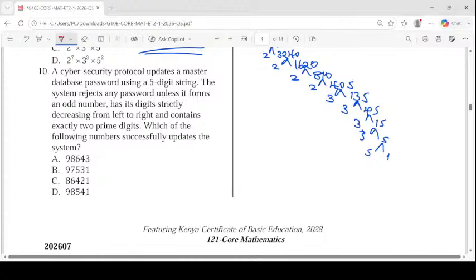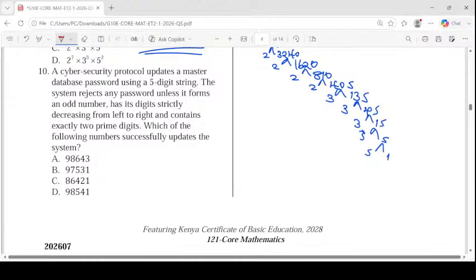The system rejects any password unless it forms an odd number and has its digits strictly decreasing from left to right and contains exactly 2 prime digits. Which of the following numbers successfully updates the system?